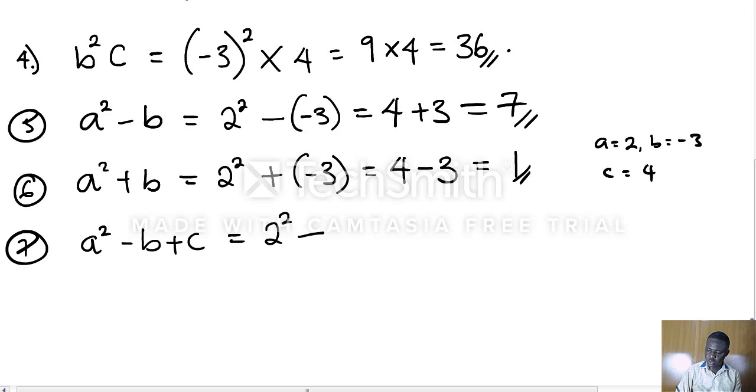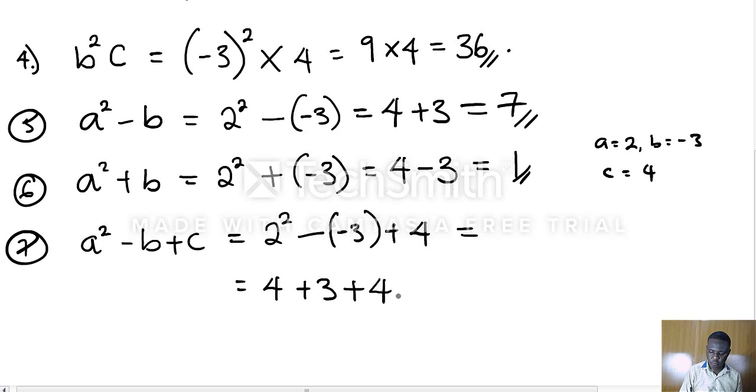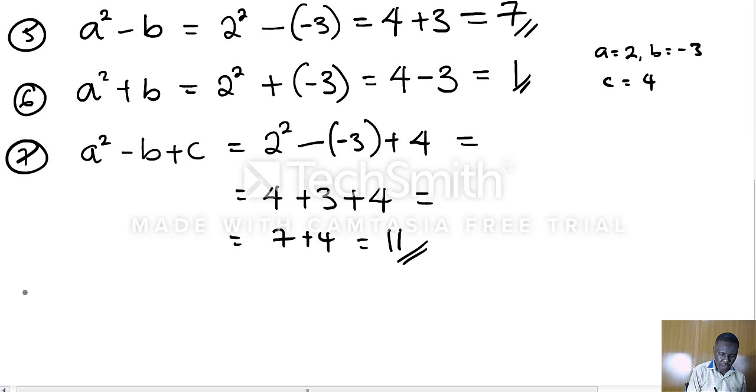So A is 2, B is -3, this will be -3 plus C is 4, and this can be simplified to be 2 squared is said to be 4, minus times -3 can be said to be +3 plus 4, and this is equal to 3 plus 4 is 7. 7 plus 4 will give you 11 as your answer.